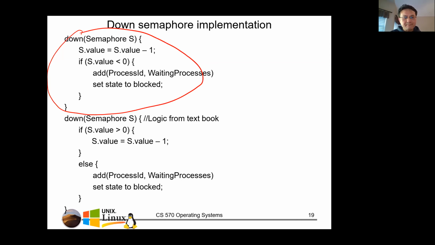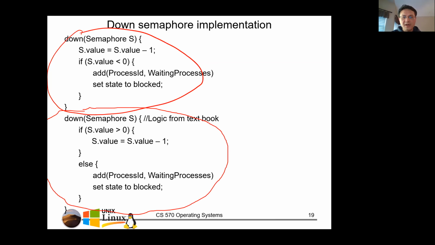If you look at the logic in the bottom half of the screen, this is the logic described in the Tanenbaum Modern Operating Systems textbook. You can see the logic here. It first checks if the semaphore value is greater than 0.